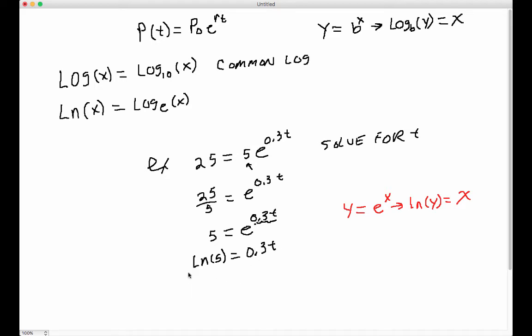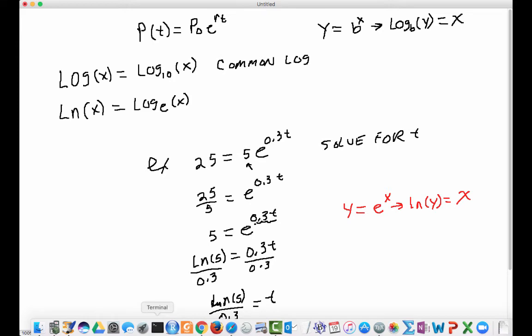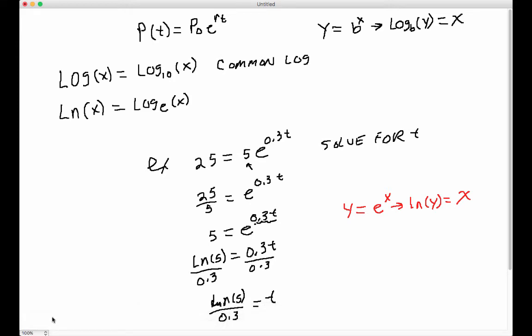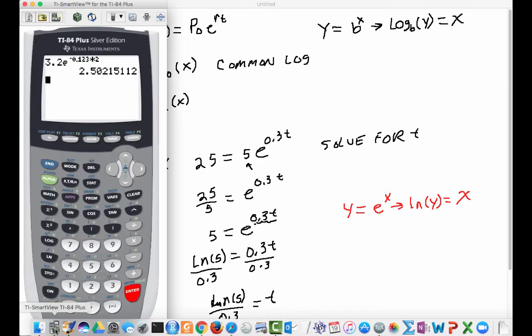Okay, now divide out both sides by 0.3. And we end up with ln of 5 divided by 0.3 is equal to t. So how about we get a decimal approximation of that on our calculator? Let's grab our calculator.